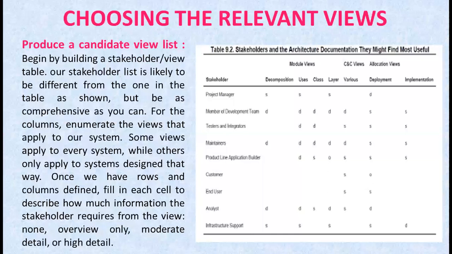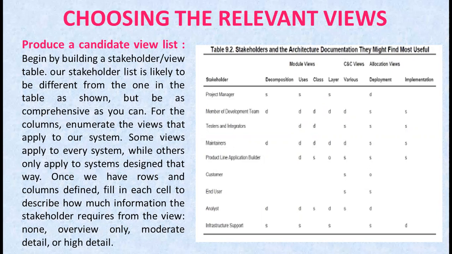Begin by building the stakeholder view table. You can see the stakeholder view table on the slide. Our stakeholder list is likely to be different from the one in the table as shown, but be as comprehensive as you can. For the columns, we enumerate the views that apply to our system.